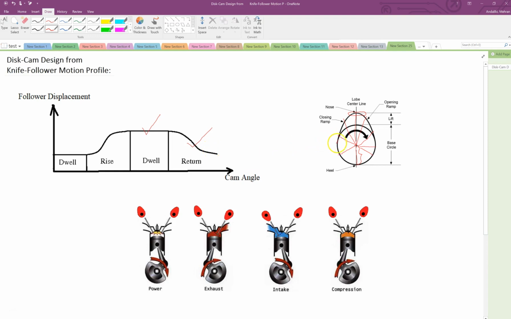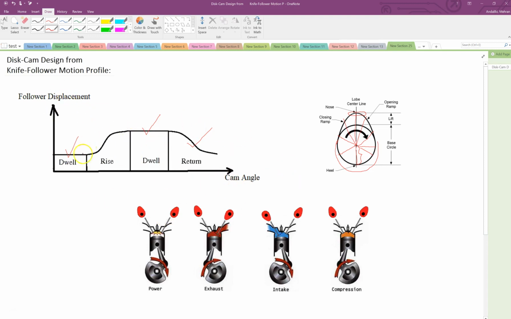And this part here, from here to here, where the radius is almost constant, this is this initial dwelling. Okay, so you see we have rise, return, and there are two areas of no motion on the bottom and on the top. The bigger they are, the bigger rotation or bigger angular displacement it takes for the cam to make the follower move.